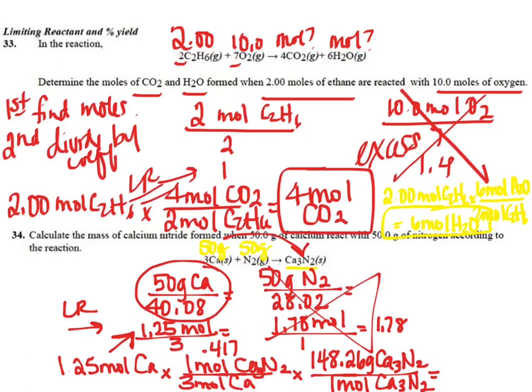And what do we get? To 3 sig figs, 61.8 grams of calcium nitride.